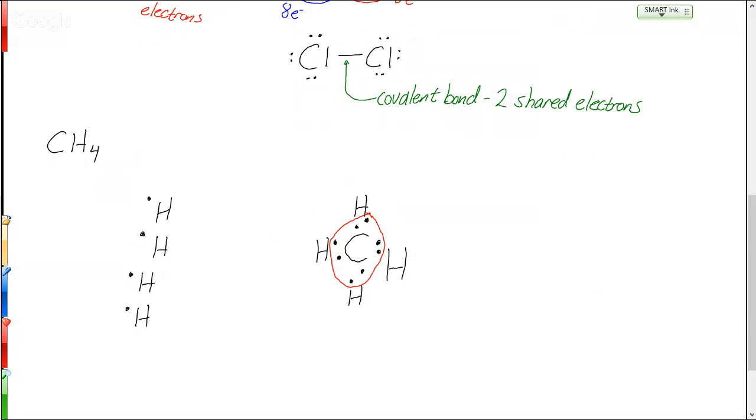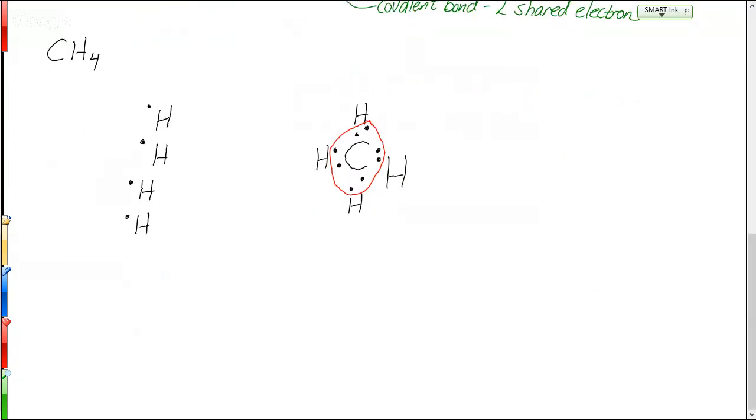Now that can be done in a lot of different ways. It doesn't have to be hydrogen. Let's try the same thing with chlorine. Let's say we have CCl4, 1 carbon and 4 chlorines. We draw the dots for the valence electrons and look for ways to connect them to give everything full valence shells.